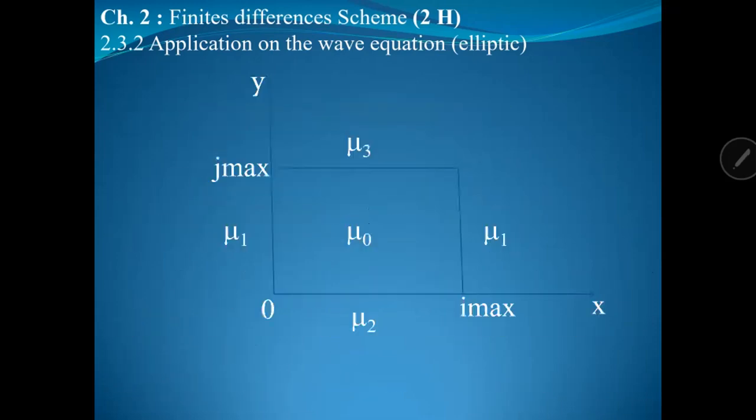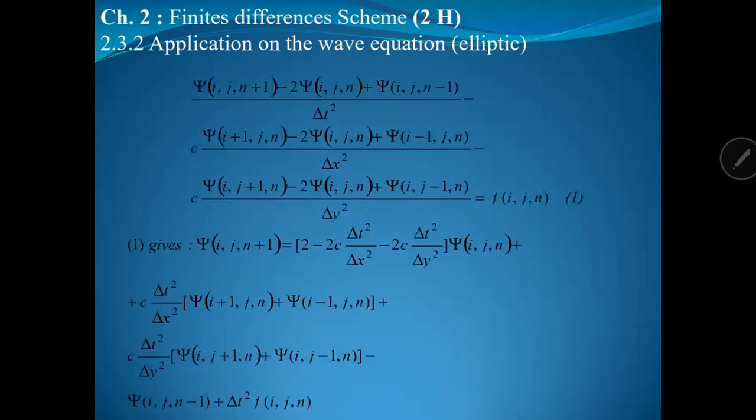In general, I need to give delta t equal 0.1; CLC, clear, delta t equal 0.1, delta x equal 0.02 or 0.5, delta y equal 0.5 for example.